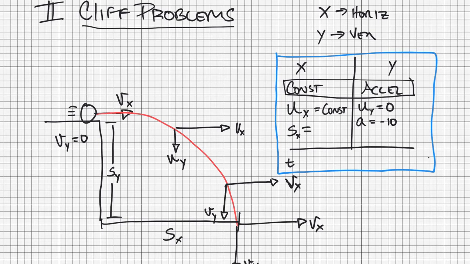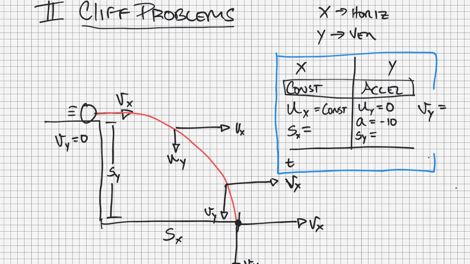I know sy, and then time. We need a little bit more room over here. Velocity, when it hits the ground, that's velocity y final when it hits the ground. That's going to be based upon how high it's going to be falling from.